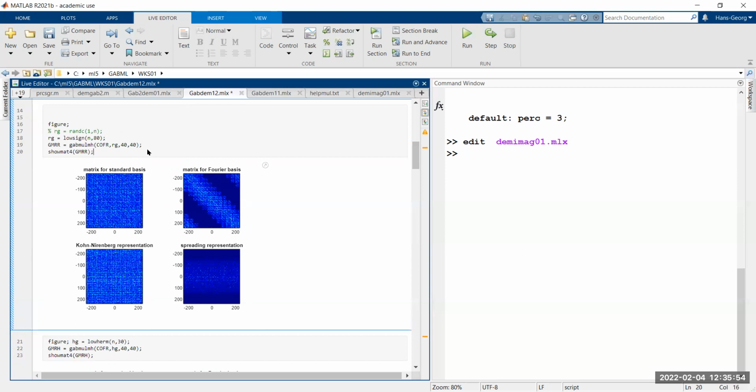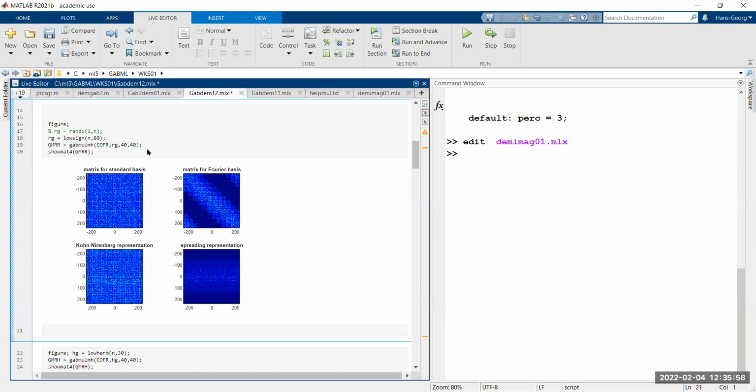So maybe just as an illustration here, let me do, because this part, the Nirenberg symbol, is not so interesting, subplot 2 to 1, and let's do image STFT of RG.